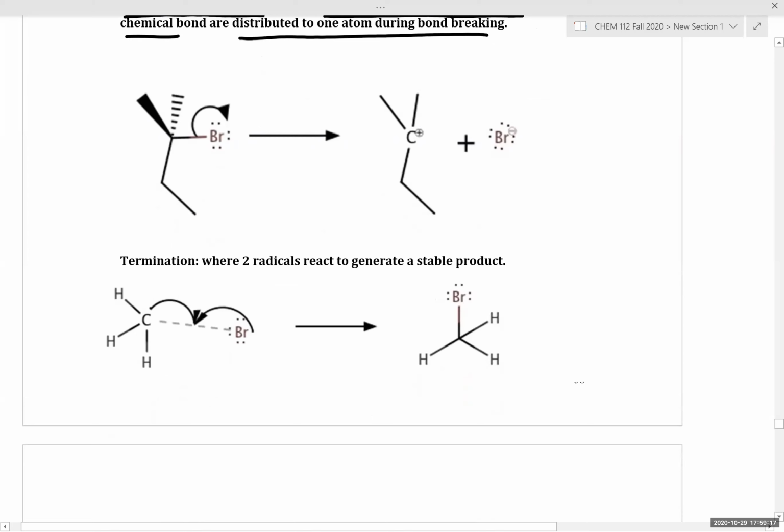In terms of radical bond formation, this is primarily encountered in termination steps where two radicals react to generate a stable product.